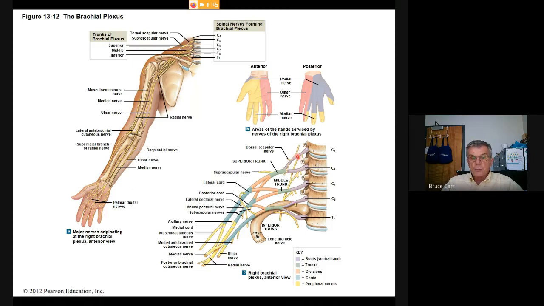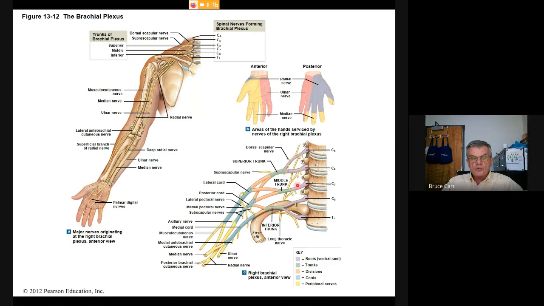These purple are called the roots. Now the ventral rami, shown in purple, converging here. Look at that. Those 5 elements converge into 3 trunks and then split into orange divisions in a somewhat irregular way. The blue are called cords and the yellow are called peripheral nerves.